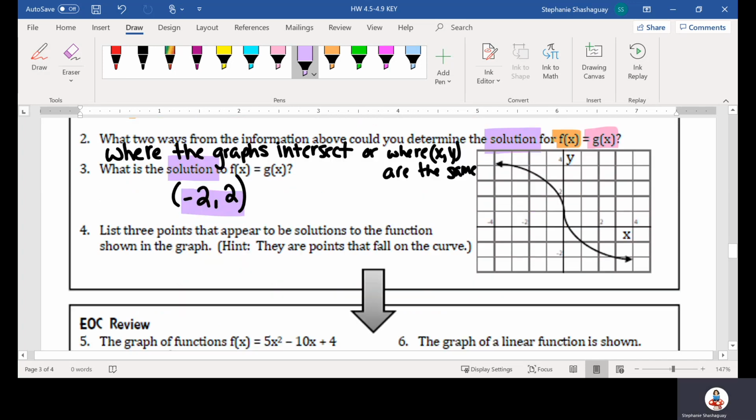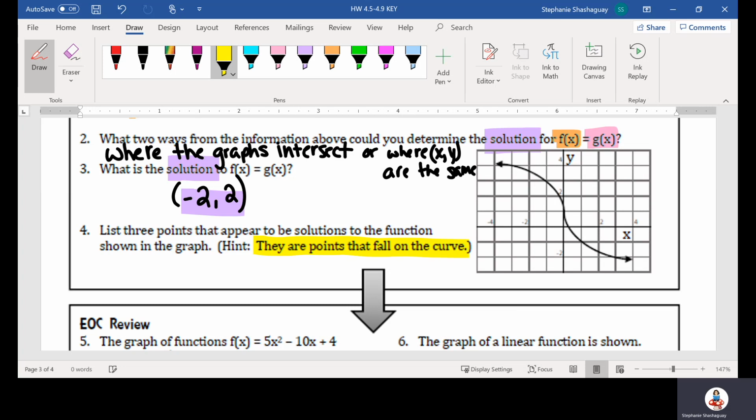All right. For question 4, it says list 3 points that appear to be solutions to the function shown in the graph. And they were even nice enough to give you a hint. They are points that fall on the curve. So we need to find 3 points that appear to be solutions on the graph. Well, the first point I'm going to pick is right here.